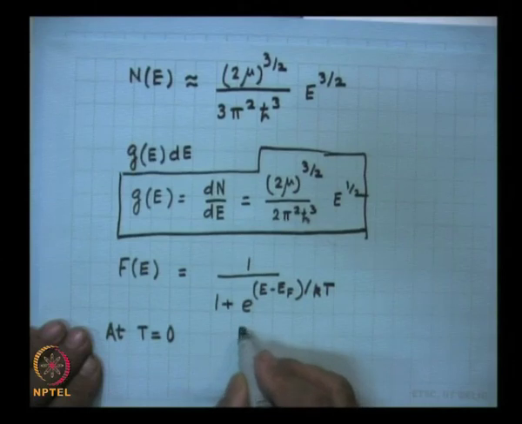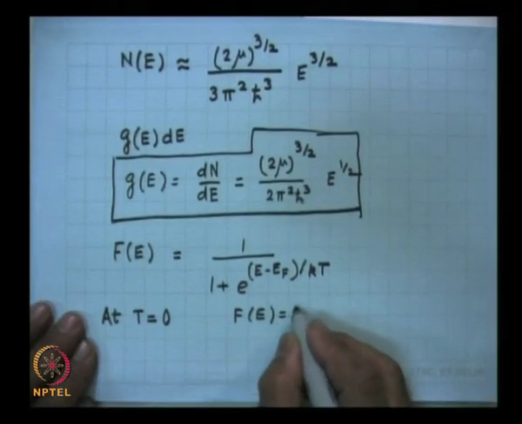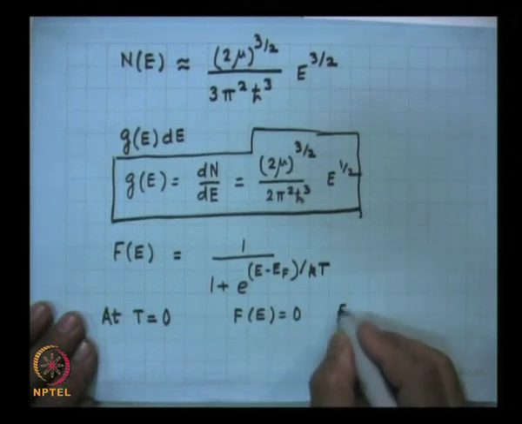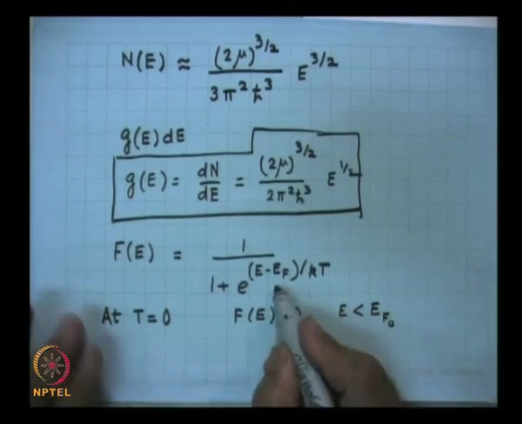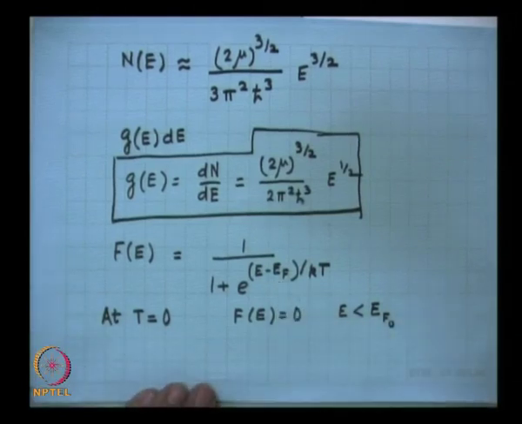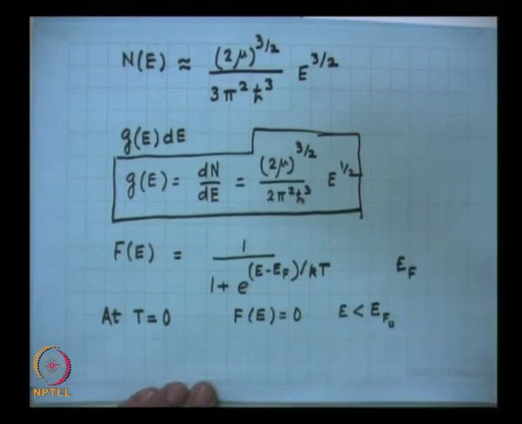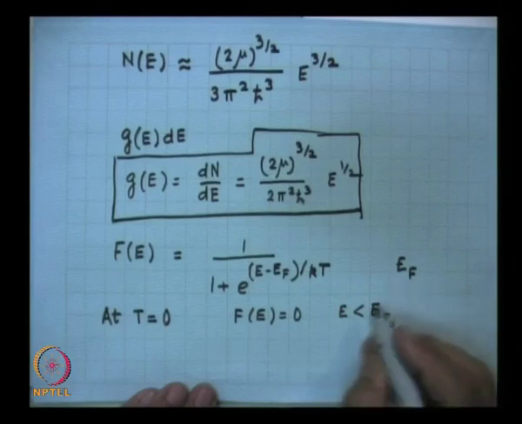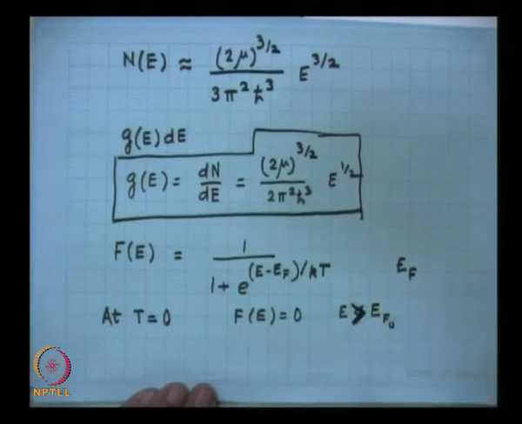So, f of E is 0 for E greater than E f 0. This is known as the Fermi energy, and the Fermi energy is a function of the temperature. So, at absolute 0, I am sorry, this is E greater than E f 0.